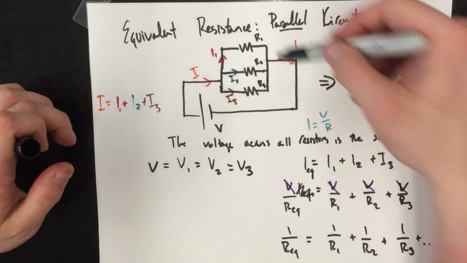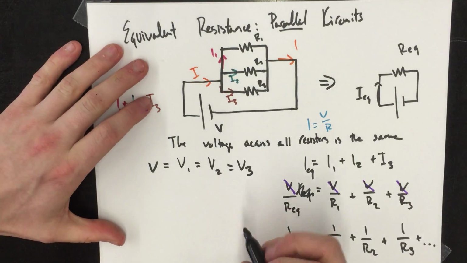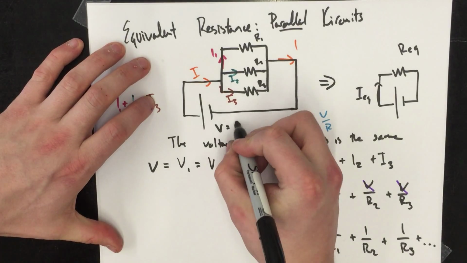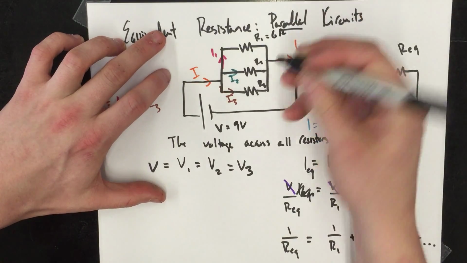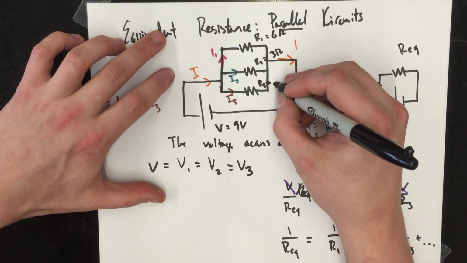So in order to turn this into equivalent resistance, let's put some numbers to this. We'll put this at a 9-volt battery. We'll put this at 6 ohms. We'll put this at 3 ohms, and we'll put this at 2 ohms.